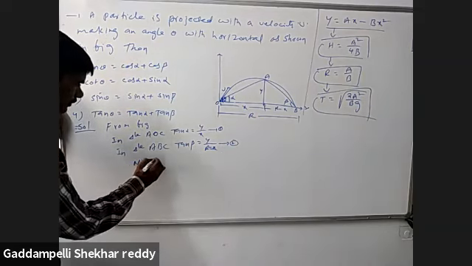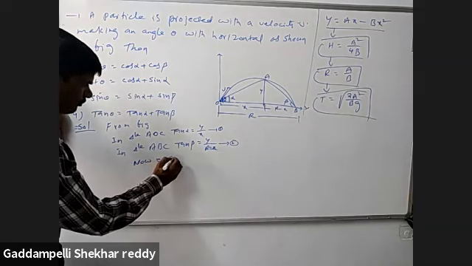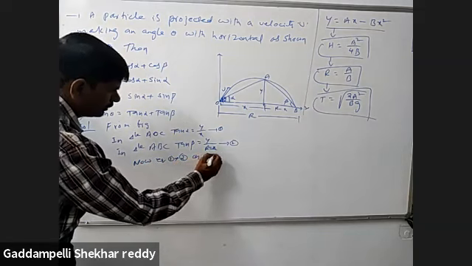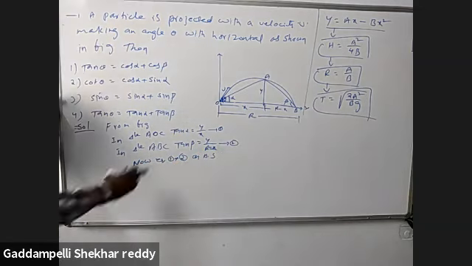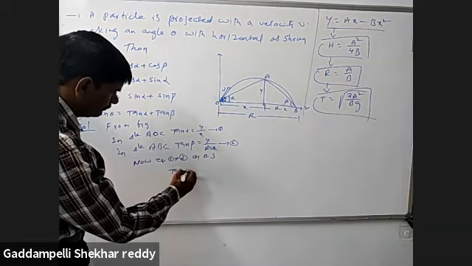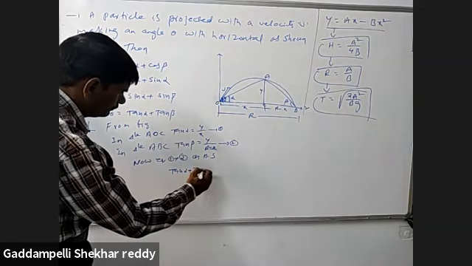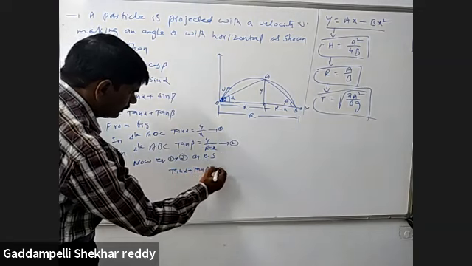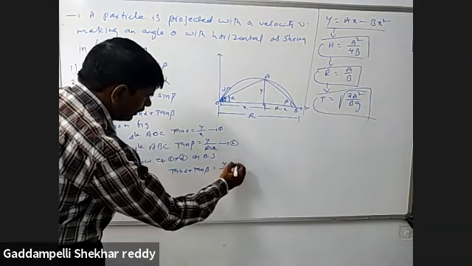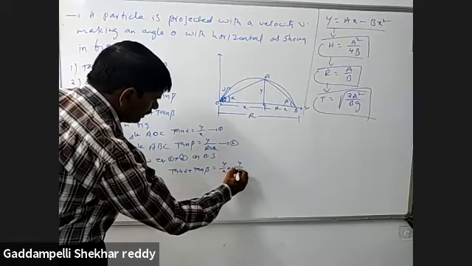Now add equation 1 plus 2 on both sides. Left side means tan alpha plus tan beta. Right side is equal to y by x plus y by r minus x.